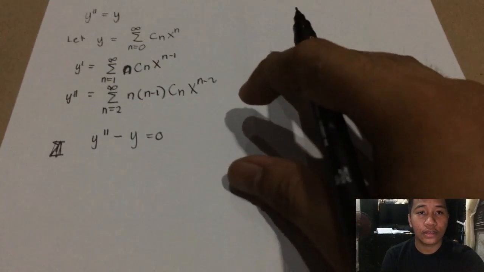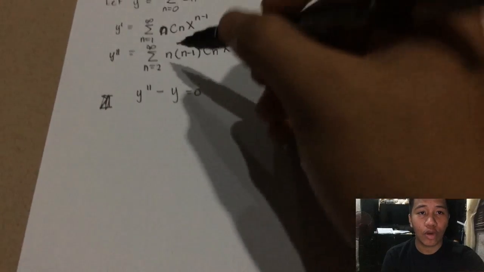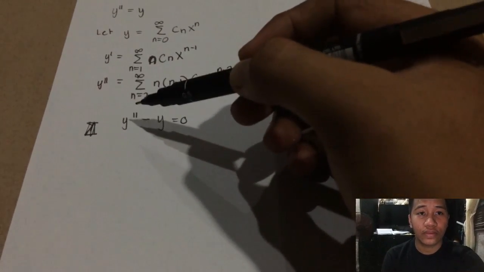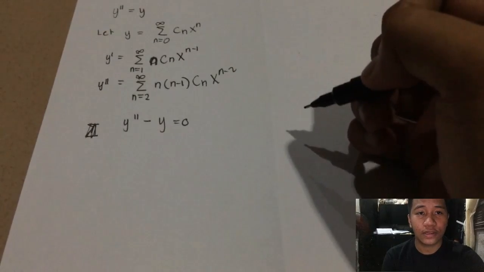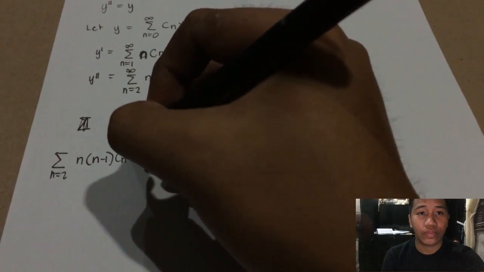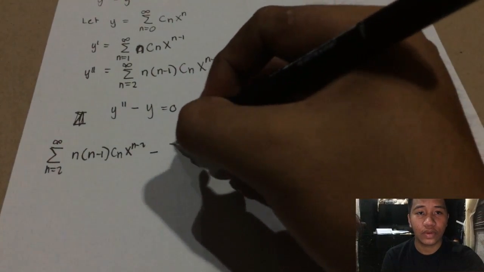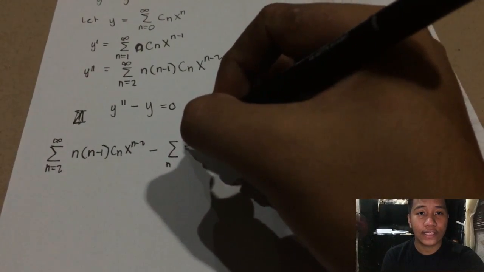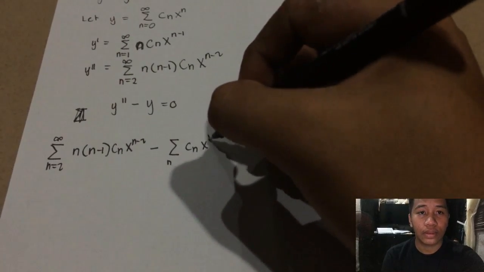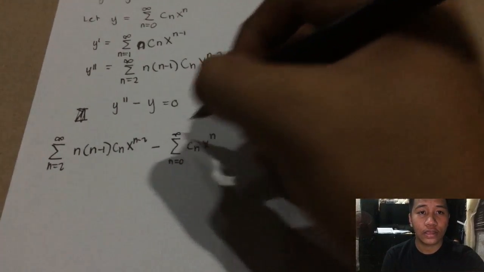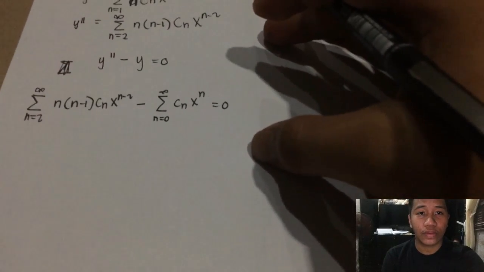For us to solve it easily, we plug in the equivalent values of the following variables: the summation of n multiplied by n minus 1 c sub n x raised to n minus 2, minus the summation of c sub n x raised to n, as n goes from 0 to infinity, equals 0.